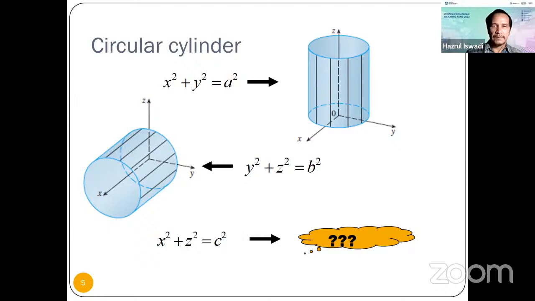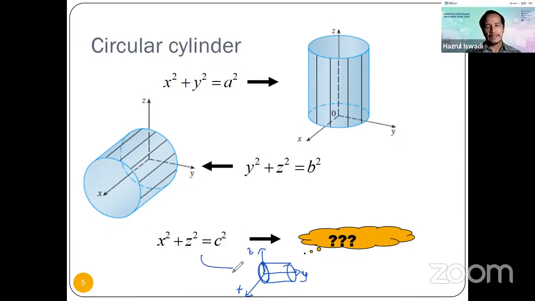I will help you to draw it. For this formula we have the circle in the xz surface, and this curve moves along the y axis.